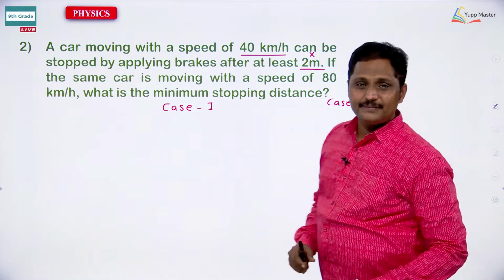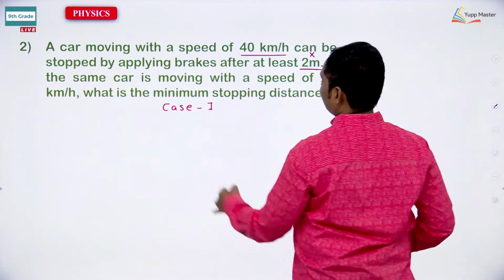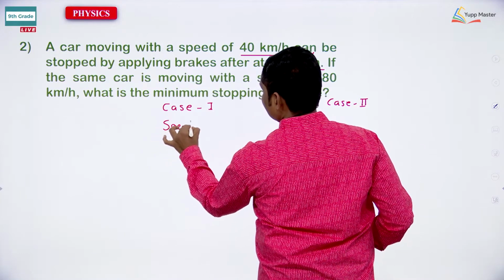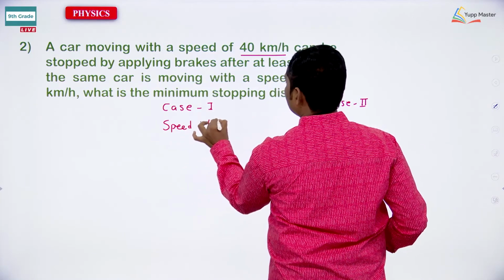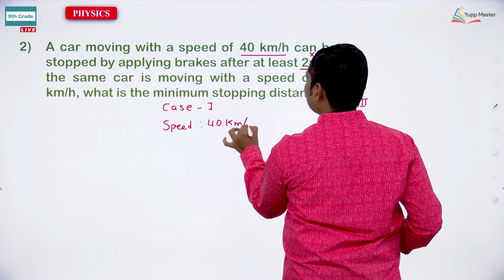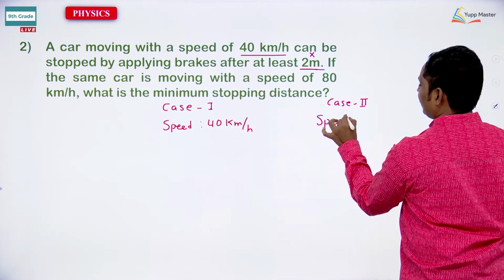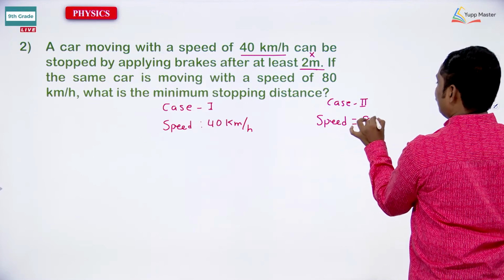In the first case, the speed is 40 kilometer per hour. In the second case, the speed is 80 kilometer per hour.